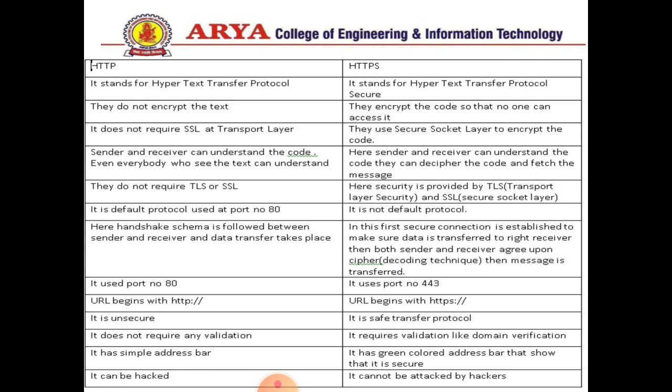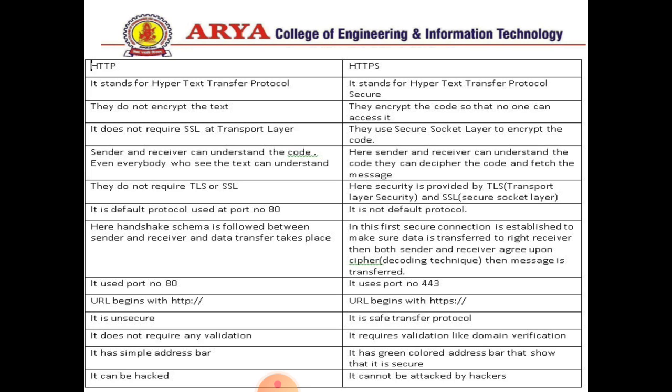The simple HTTP protocol does not use transport layer security protocols, but the secure version uses transport layer security protocols like the SSL protocol or the TLS protocol to encrypt the data.